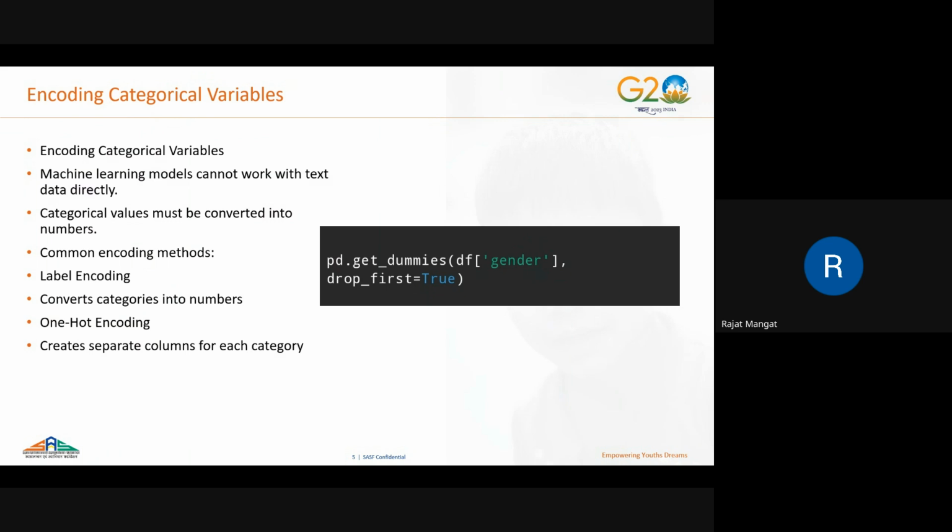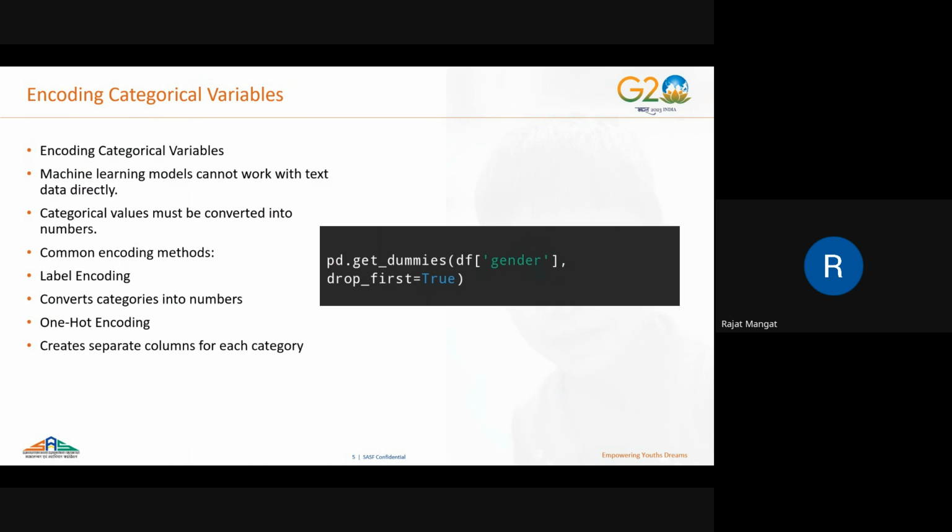Common encoding methods are label encoding, which converts categories into numbers, and one hot encoding, which creates separate columns for each category. For example, we can make the machine understand that male is equal to 1 and female is equal to 0. Whenever the word male arrives, the machine will convert it to 1, and whenever female arrives, it will convert it to 0.